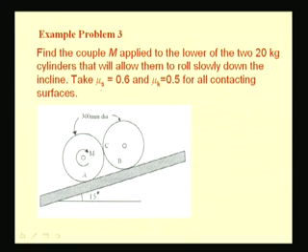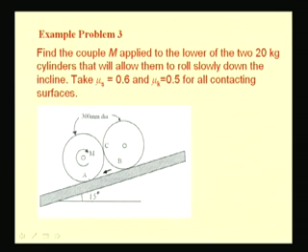The values of coefficient of friction, both static and kinetic, are given for all the contacting surfaces. Now, a moment M is applied to this cylinder in order to allow these two cylinders to roll slowly down this incline. So, they are rolling slowly down the incline.